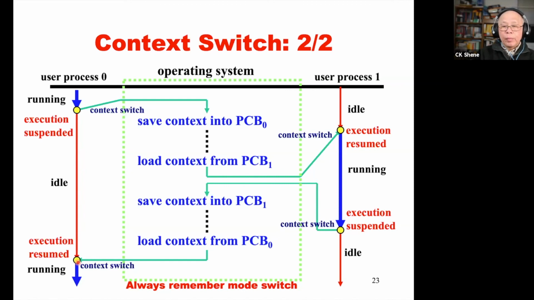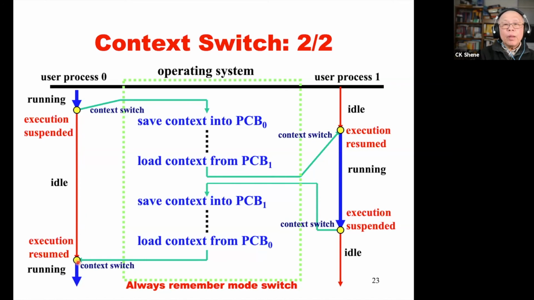So far we learned the concept of a process and the process space: the text or code section, data section, heap, and stack, and why we need it that way.